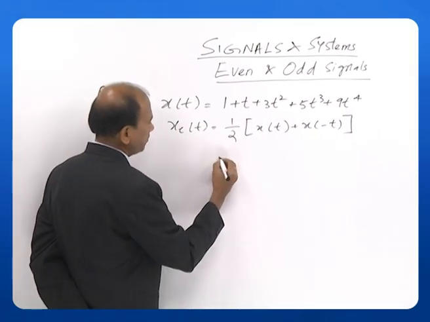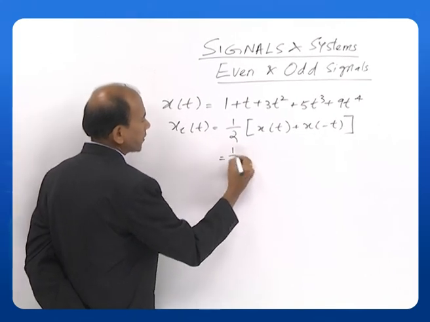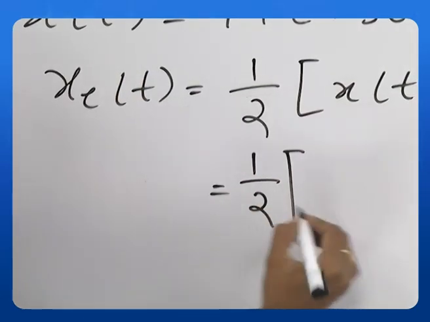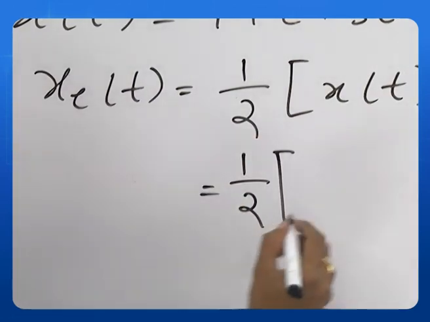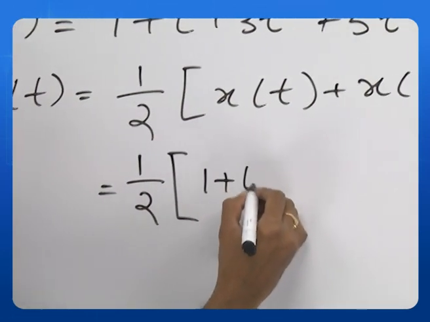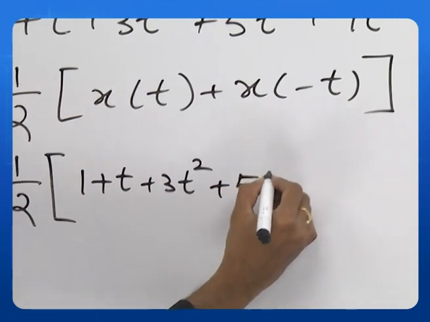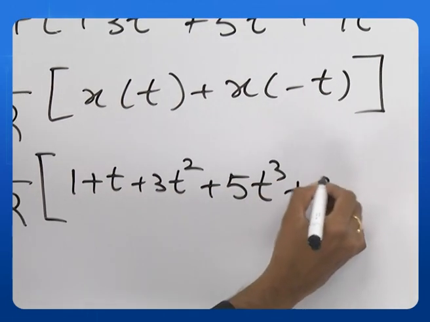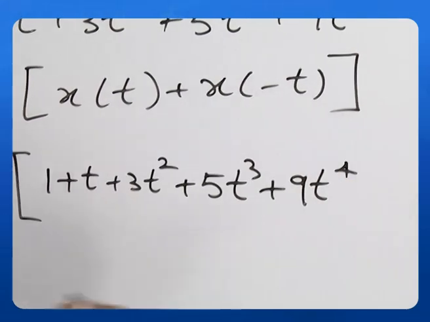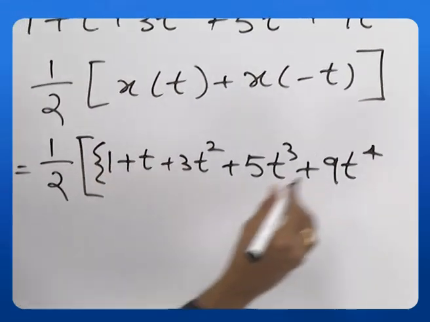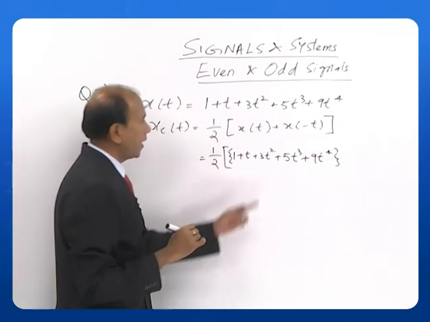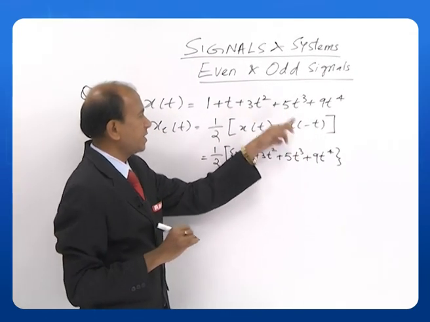Let us break this again. So, this will be half of x of t as it is: 1 plus t plus 3t square plus 5t cube plus 9t to the power 4.